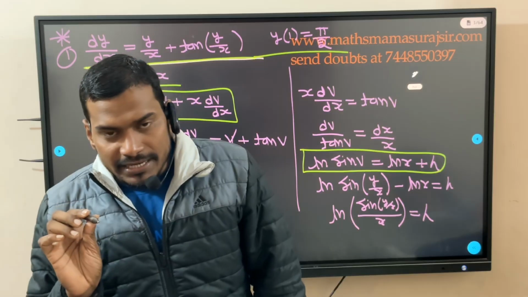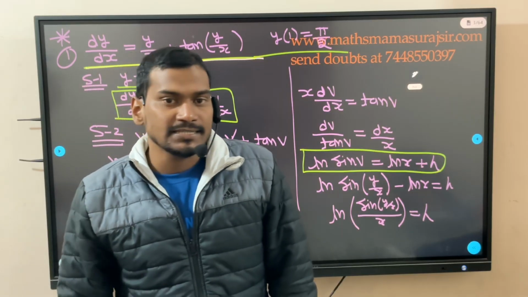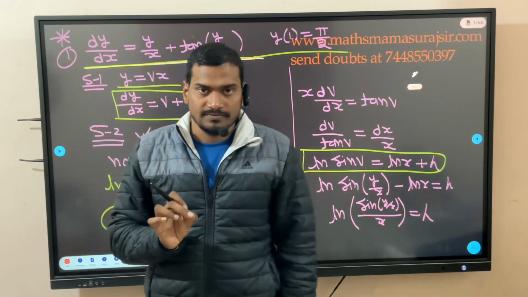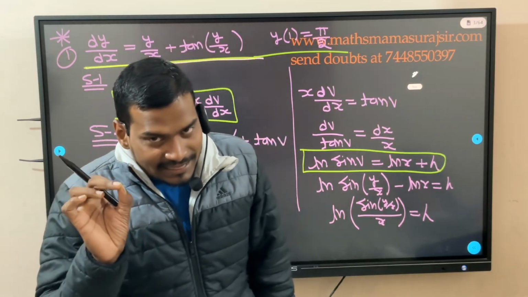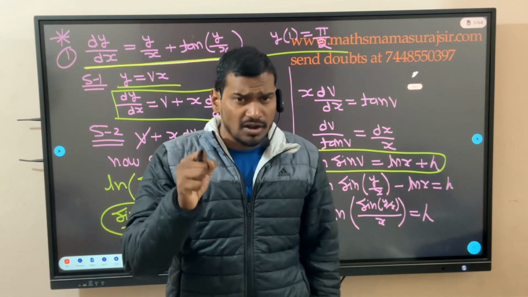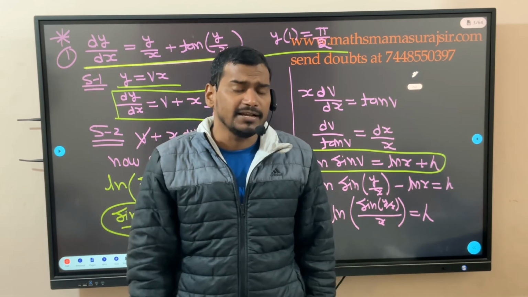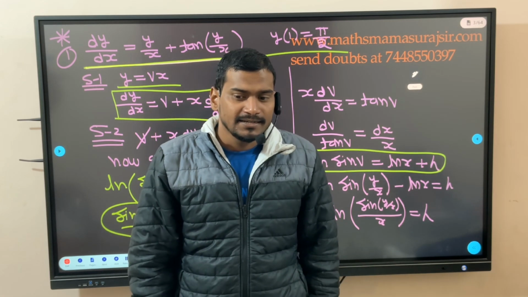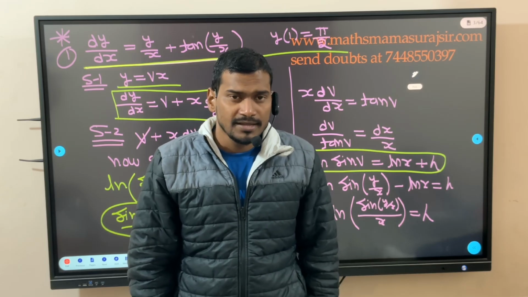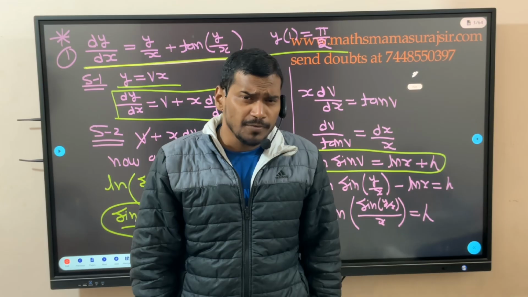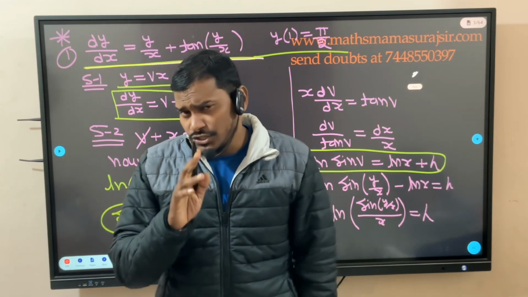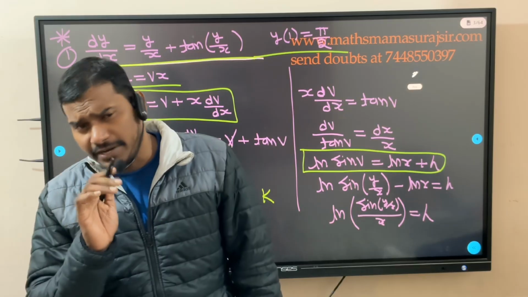Everybody is now clear with the definition of homogeneous? You can easily distinguish whether it is a homogeneous type of differential equation or not. You will not make any mistake in figuring it out. You just have to count the power of every term.